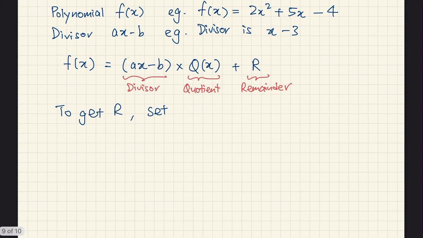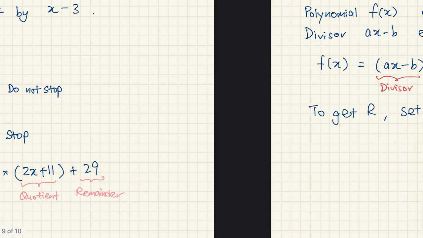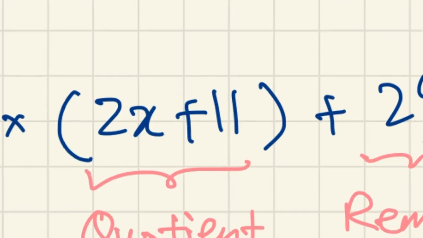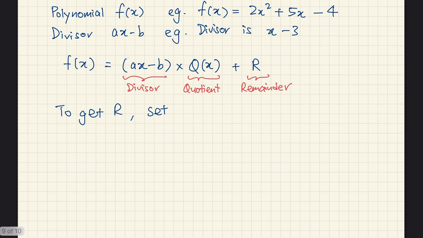So here, f(x) is 2x squared plus 5x minus 4, the linear divisor ax minus b is x minus 3, and we multiply by the quotient, which is 2x plus 11, and then add the remainder, which is 29.